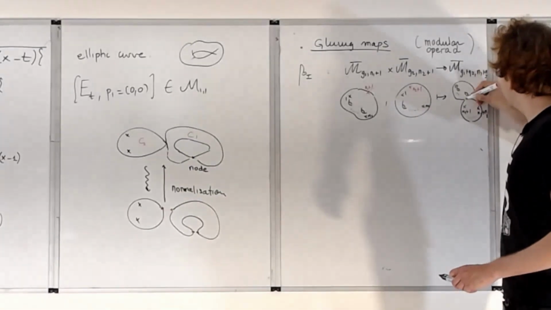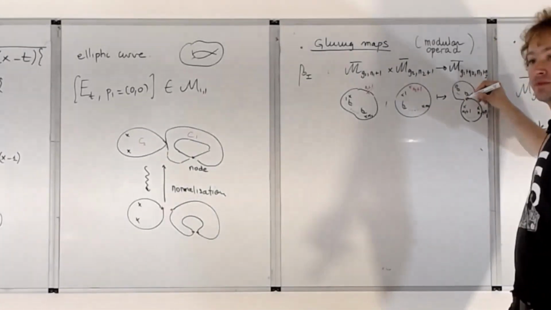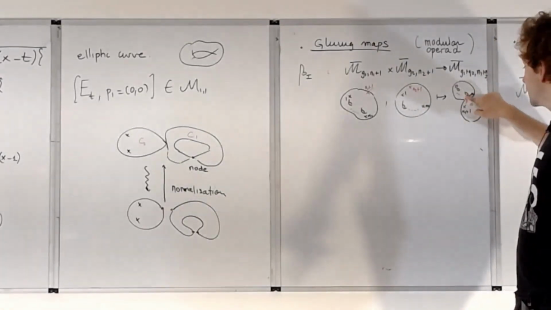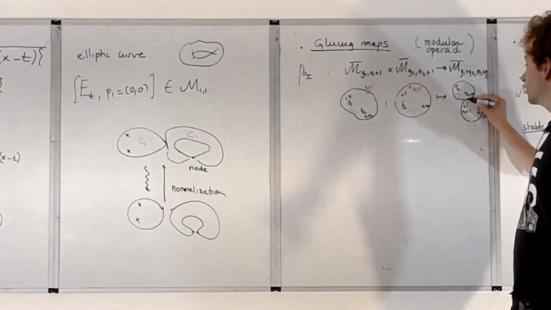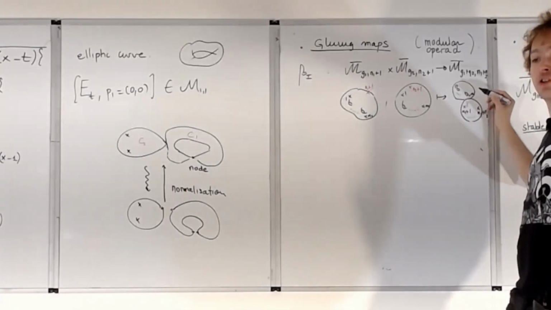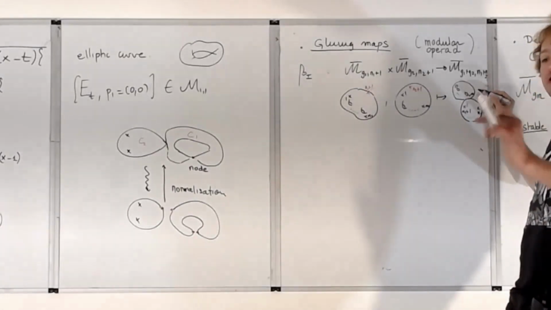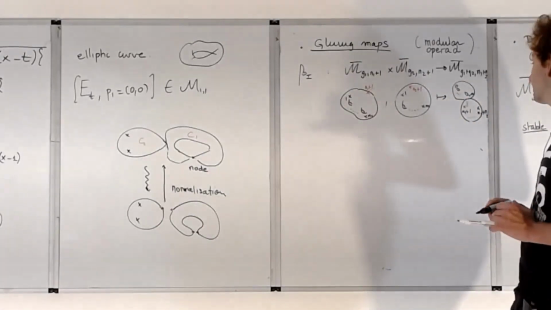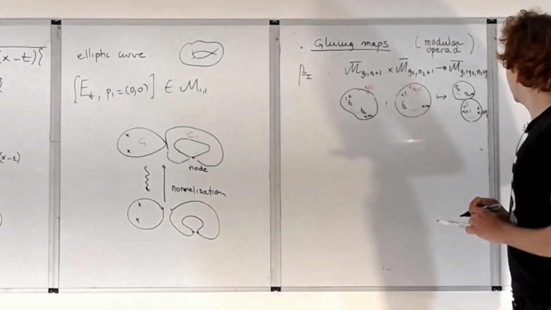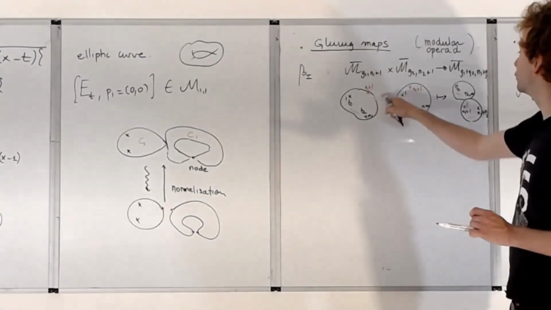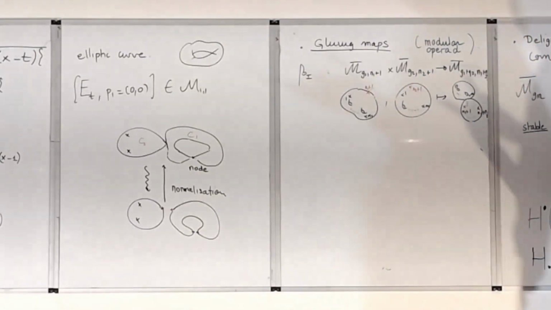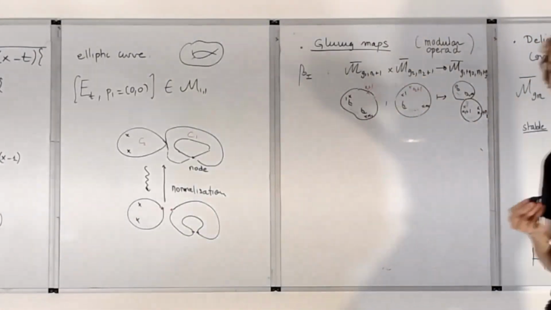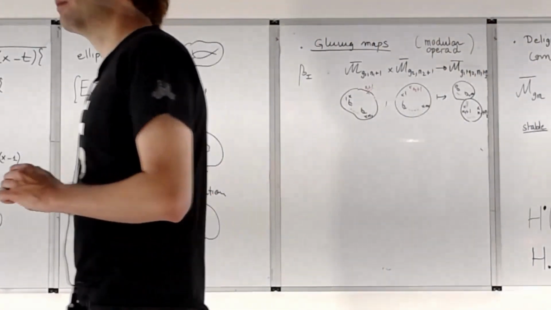And then I would have the image of my 2 points, which are the same, but I just forget that information. So it's a node, but it's not a puncture. Anyway, punctures are not allowed to be at the same position as nodes in my definition. And so that's why we remove 2 points. So when I had n1 plus 1, n2 plus 1, I just have n1 plus n2 marked points at the end. Can you make the picture a bit bigger?